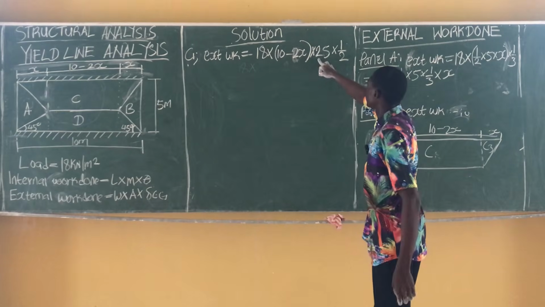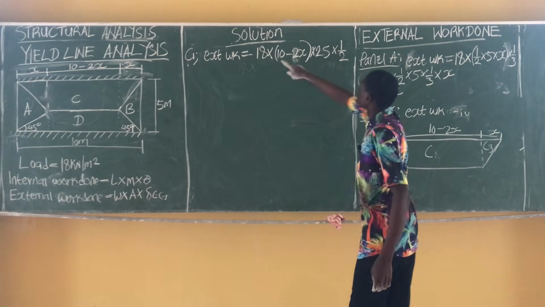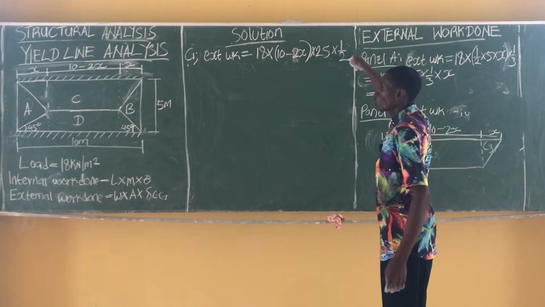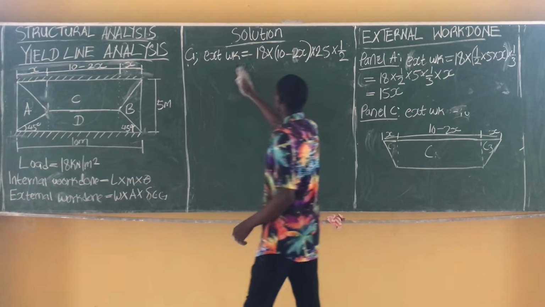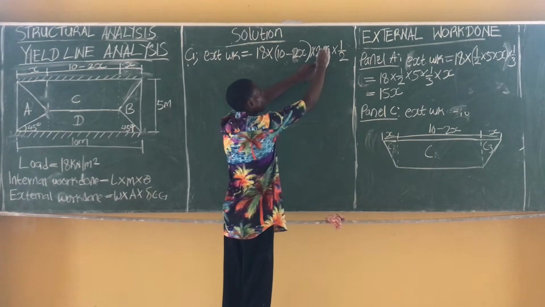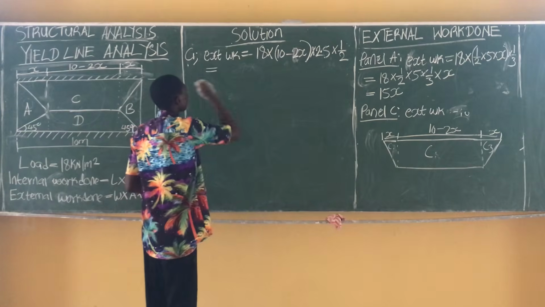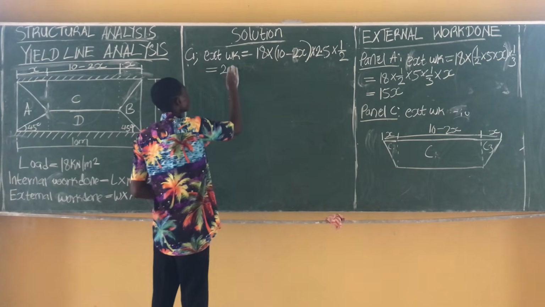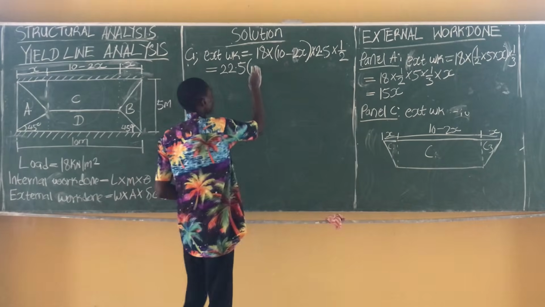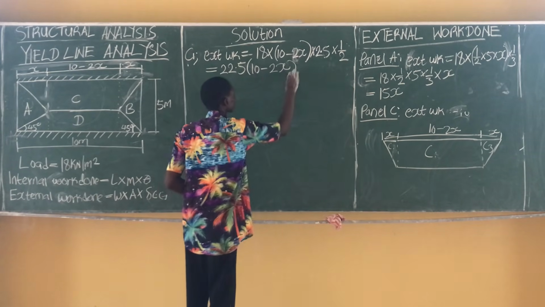Okay. So let's carry out this computation in a simplified manner. So 18 times 2.5 times 1/2 will give us 22.5 multiplied by 10 minus 2x, okay?